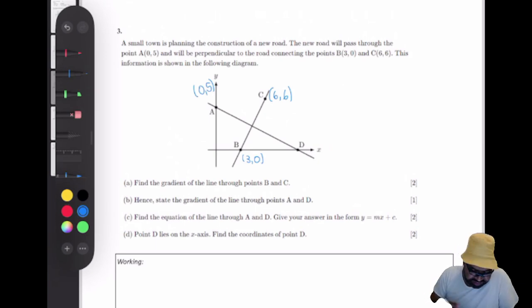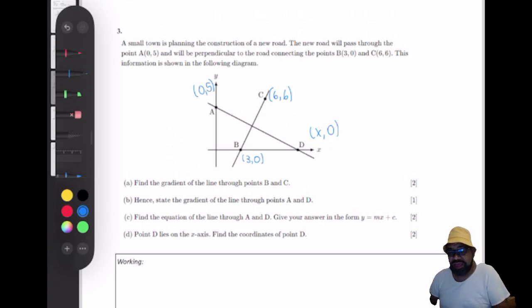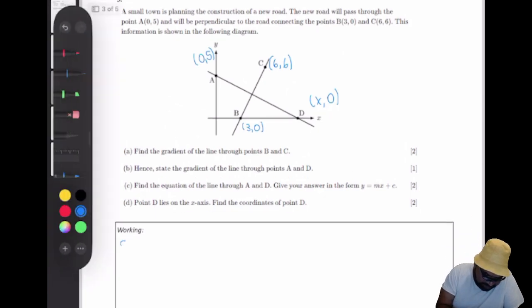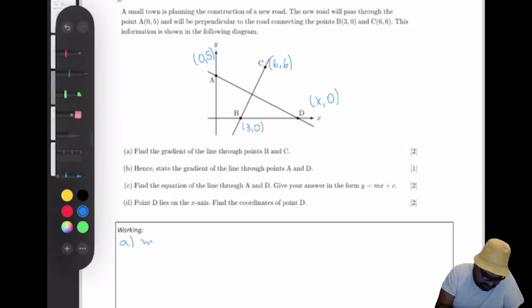The only thing I can tell about D is an x number, comma 0, because it lies on the x-axis, so y equals 0. Then let's find the gradient using the slope formula, m equals the difference between the y's, which is 6 minus 0.